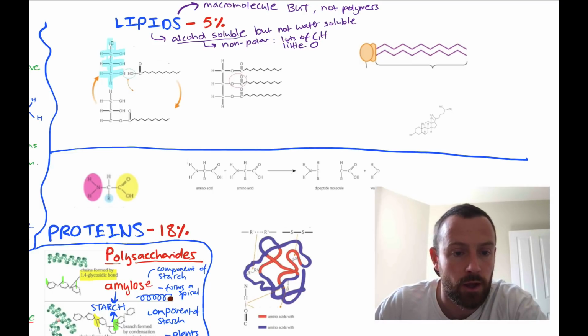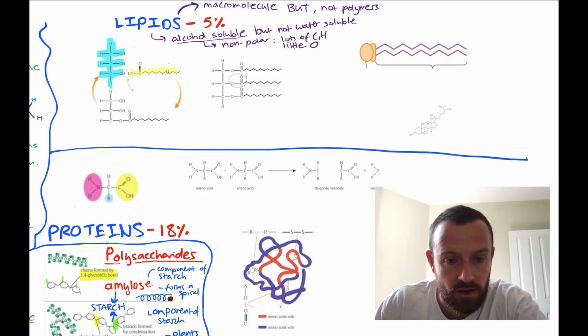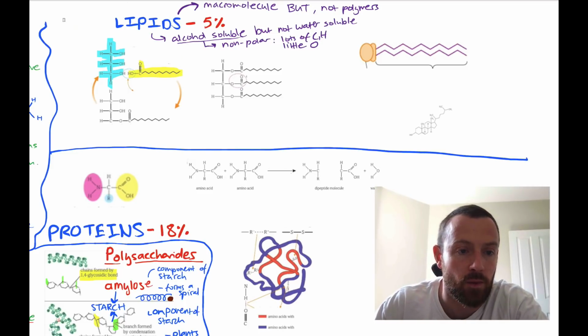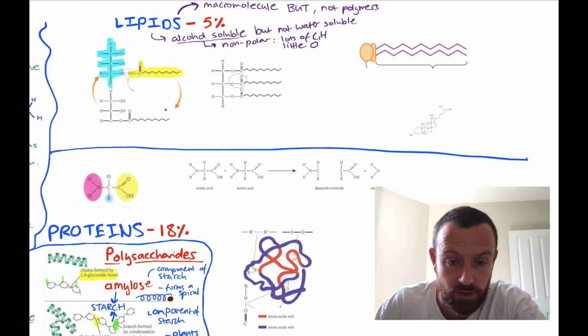So this whole thing here is glycerol, okay? And this here is a fatty acid. We can join them together by a condensation reaction. We're familiar with these condensation reactions before. So this is condensation, and this would be hydrolysis.